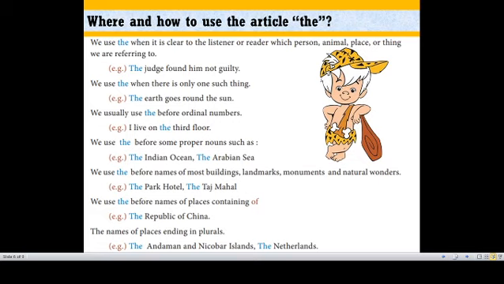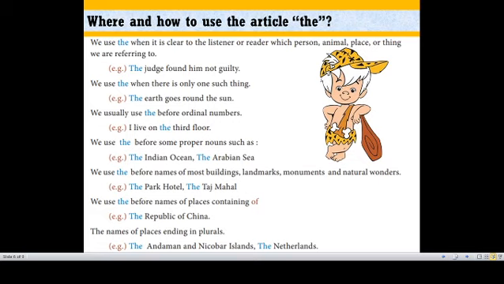The judge found him not guilty. Here the judge is mentioned clearly. அவரை கிளியராக பேசப்பட்டிருக்காரு. So that we can use the definite article the.